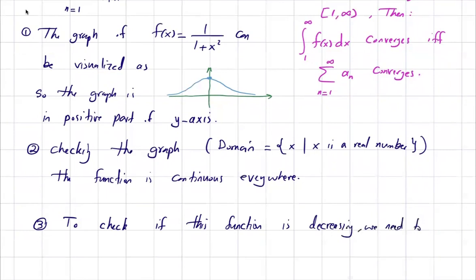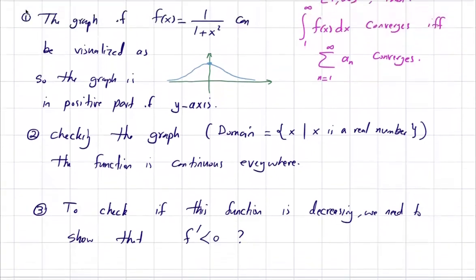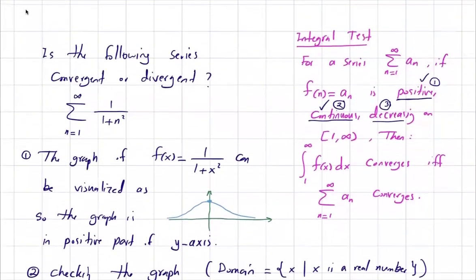We need to show that the derivative of the function is negative. I'm putting a question mark here because I'm not sure if this function is a decreasing function or not. And please pay attention. We are restricting the domain to 1 and positive infinity. We are not looking at the whole behavior of the graph from negative infinity to positive infinity. We are checking this on the interval 1 to infinity.